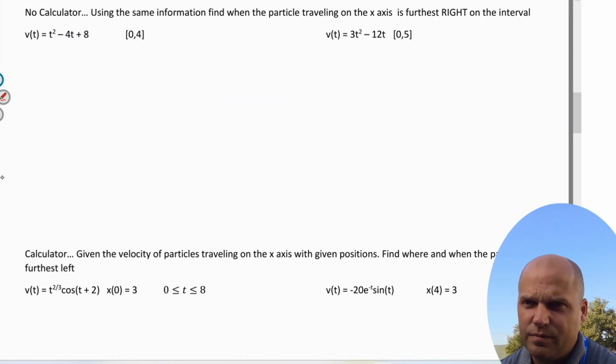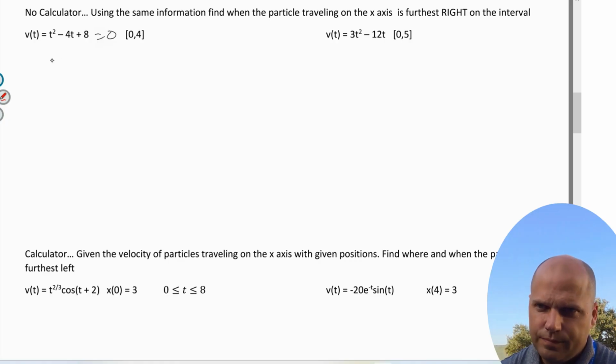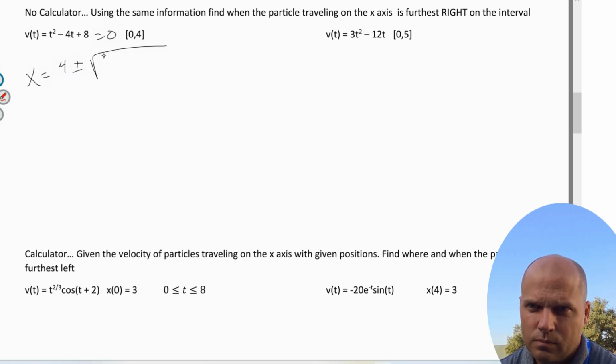All right, furthest right. Oh, cool. Why don't we do this, guys?